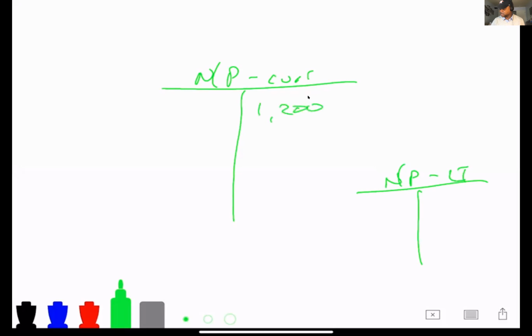Current was 1.2 million. Long term was 4.8 million.